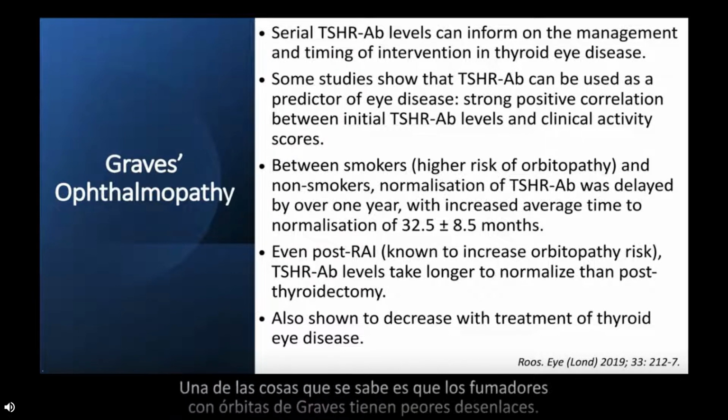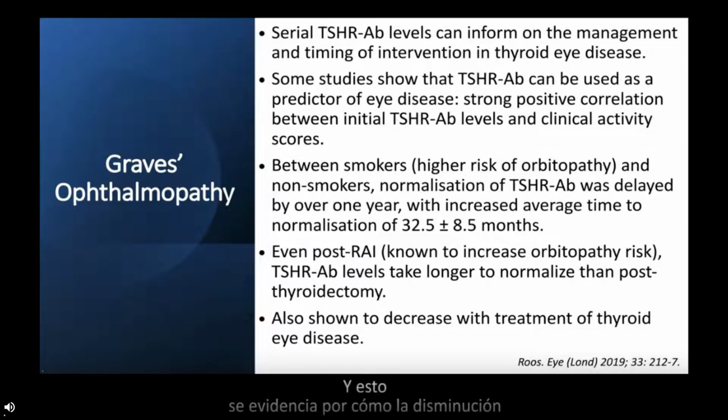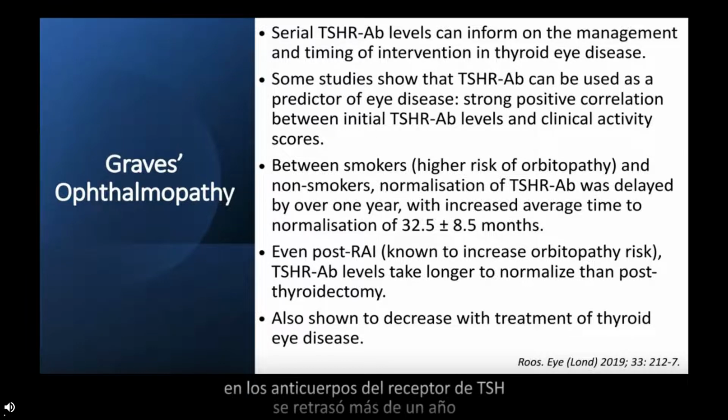One of the things that's known is that smokers with orbital Graves have worse outcomes, and this is evidenced by how the decline in the TSH receptor antibodies was delayed by over a year in those who continue to smoke.